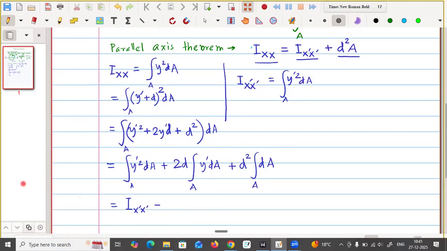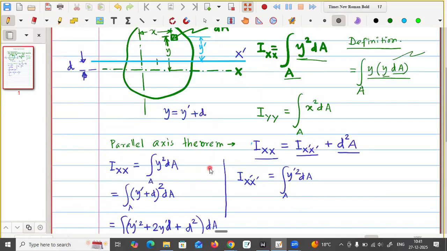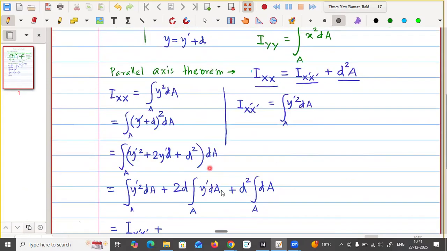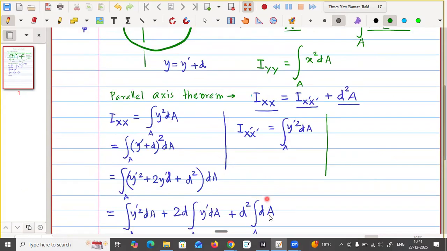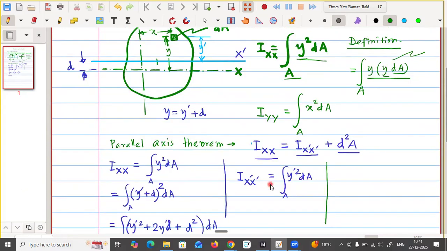Okay. Next what? You see that y prime dA, this is what? That is the definition of the centroid, or that is related to the definition of the centroid. Now what is therefore y prime dA? Can we try writing that? That is basically, if I try to write the y coordinate of the centroid about the centroidal axis, x-axis. So what is that? Y c prime means what?